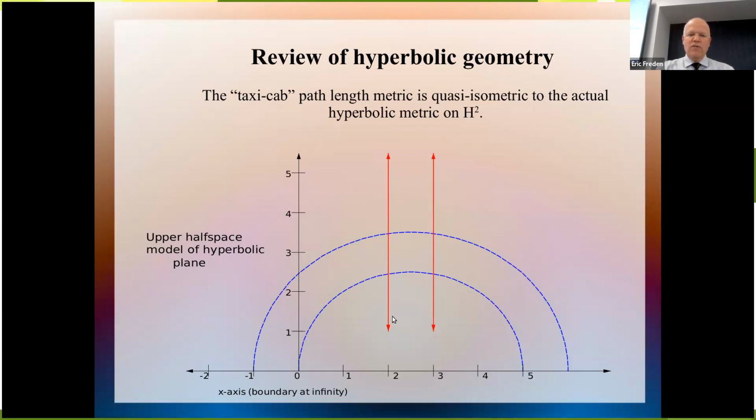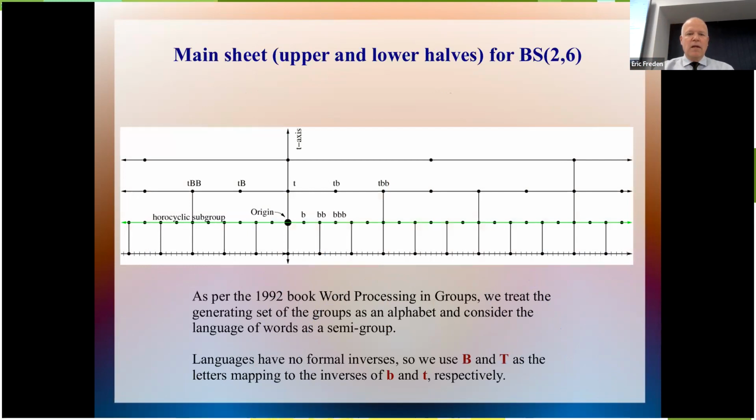The vertical arcs, the half circles that are perpendicular to the boundary at infinity, those are the geodesics, and this partial circle going like this is pretty similar to the geodesics I was showing you. So anyway, there's a geometric aspect to the Baumslag-Solitar groups. They have some inherent hyperbolic geometry built into them.